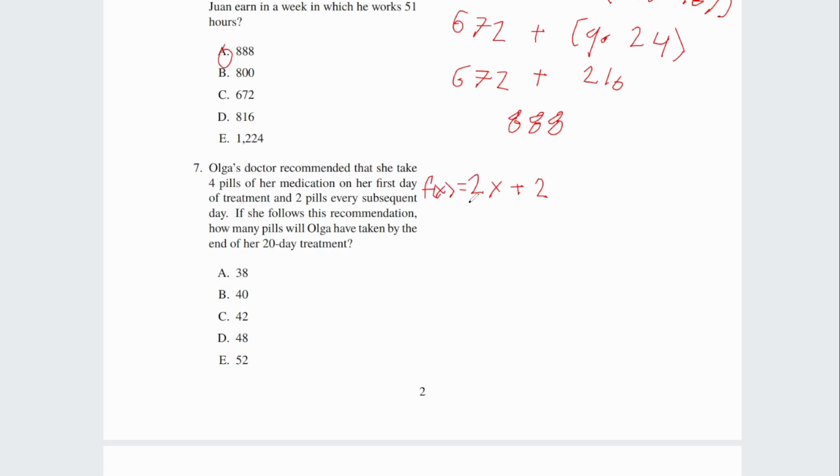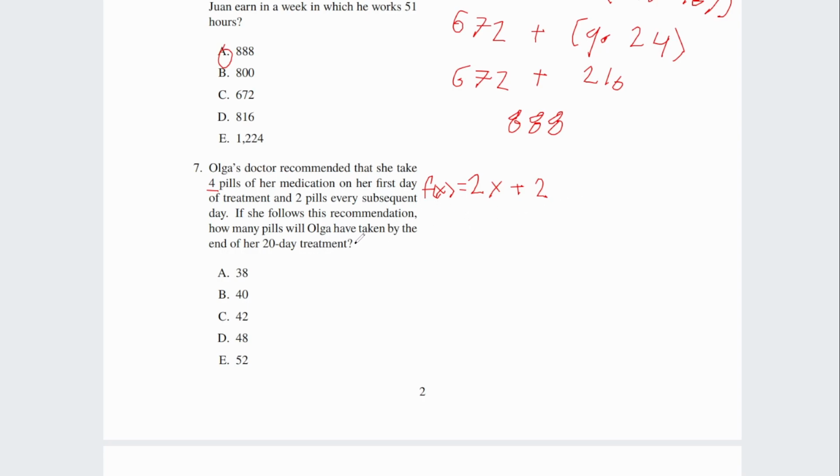And the way this works is that for every day she takes 2 pills. And on the first day she actually takes 2 extra pills. We could think of it as 4 pills, or we could think of it as 2 pills every day and 2 extra pills on the first day, which is where these 2 pills show up. So we could create a function like this.